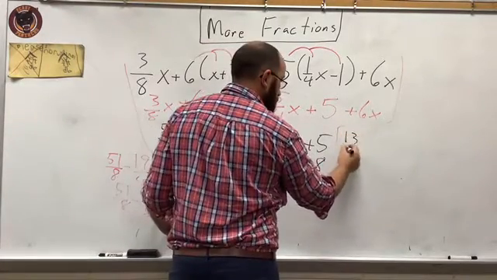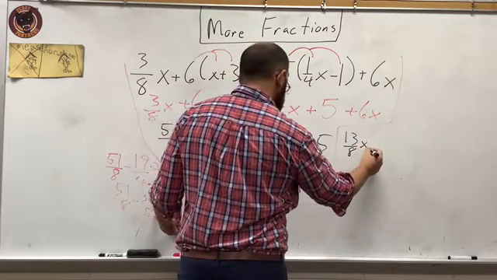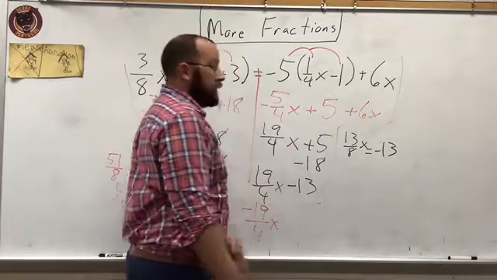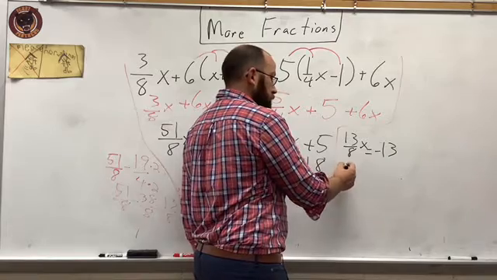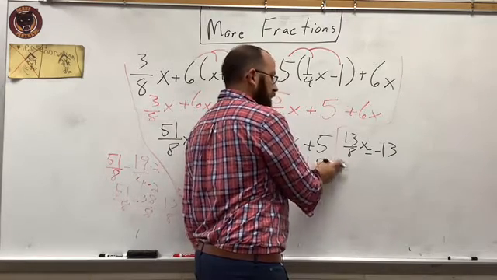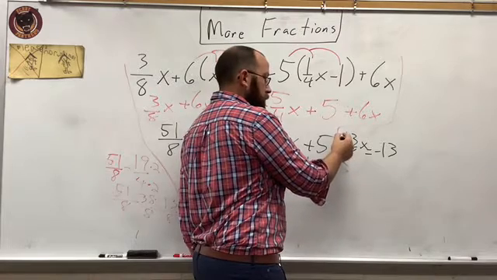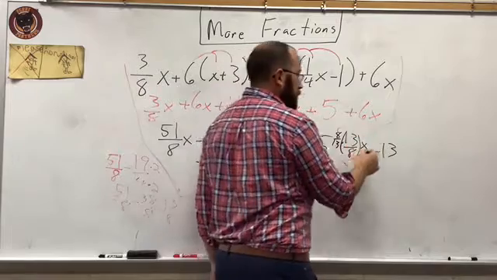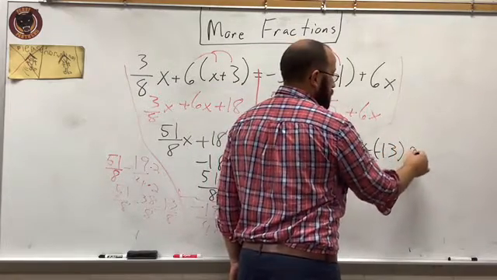So that gives us 13/8 x equals negative 13. So now to get rid of this, we multiply both sides by 8/13, which is the reciprocal. So multiply this side by 8/13, and multiply this side by 8/13.